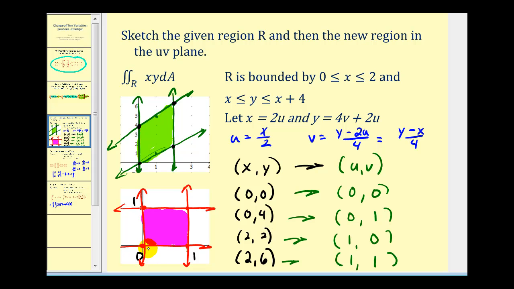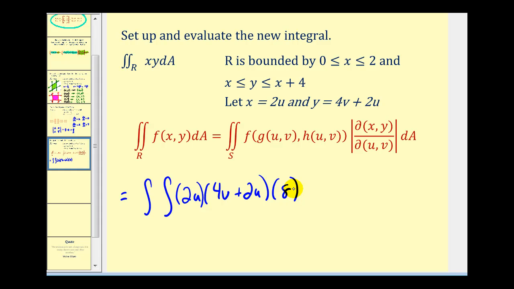Both intervals for u and v are from 0 to 1. Let's integrate first with respect to v from 0 to 1, and then with respect to u from 0 to 1. And we could have easily switched this order of integration. Let's go ahead and evaluate this on the next page.